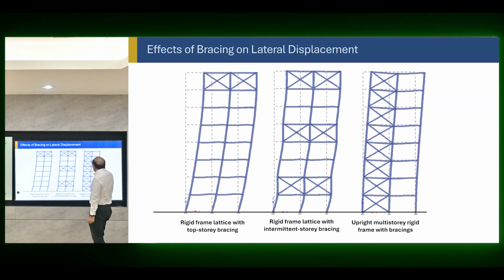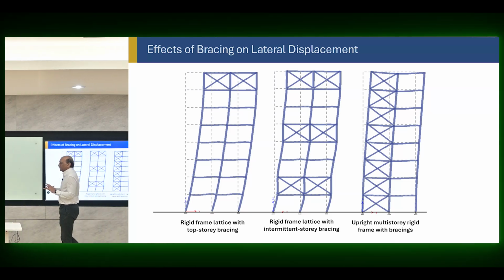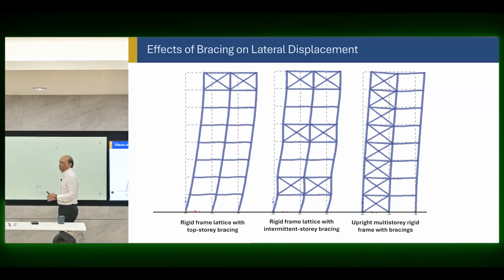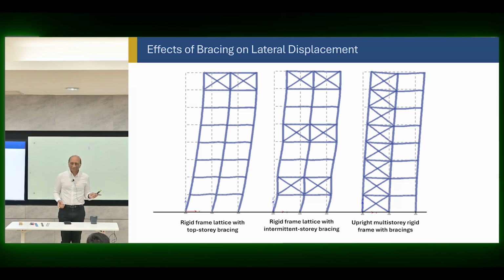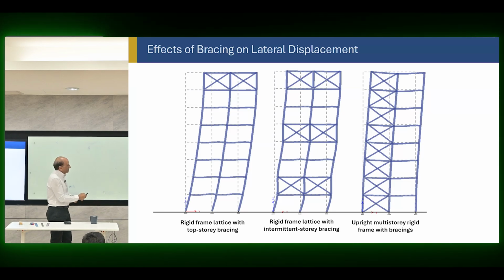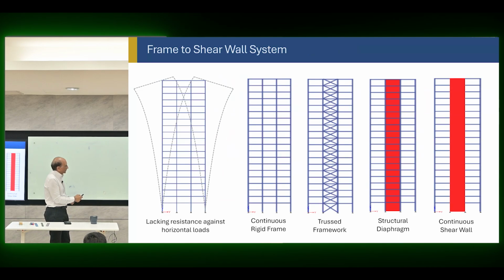The size of this, and everything, will change that. So it is us who have the control over the structural framing to control the drift and the displacement, which in turn will control everything else. Okay, that's this fourth important point.